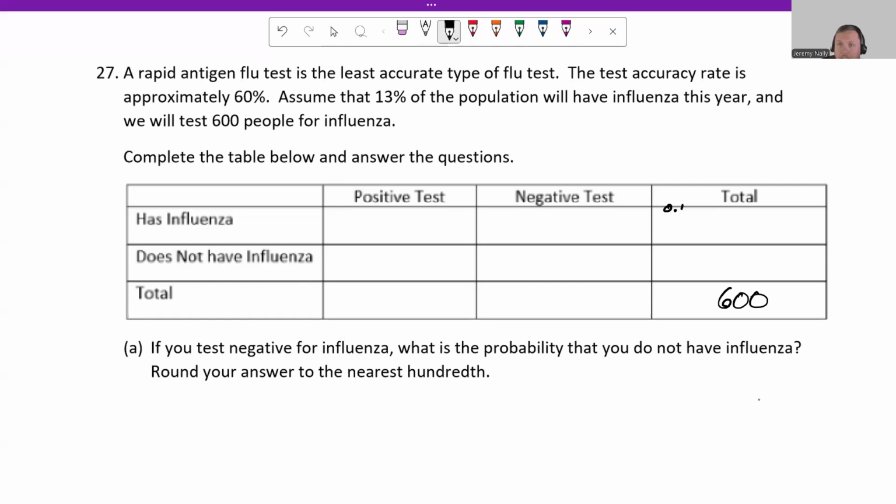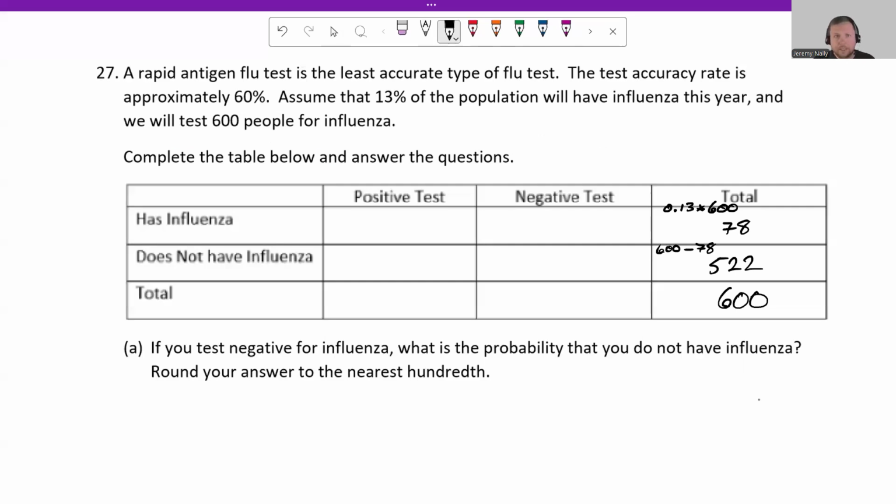So I'm going to take that 13% of the 600. So I get 78 for that one, and then 600 minus 78, and I have 522.